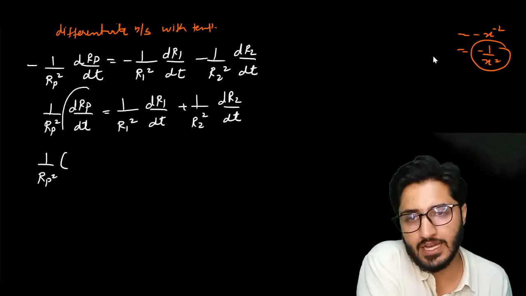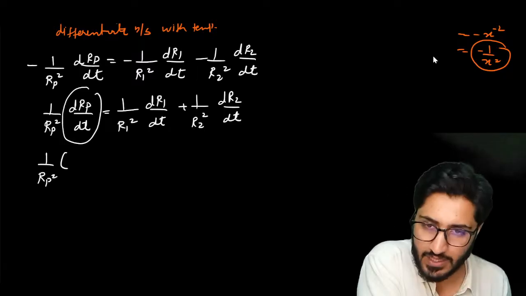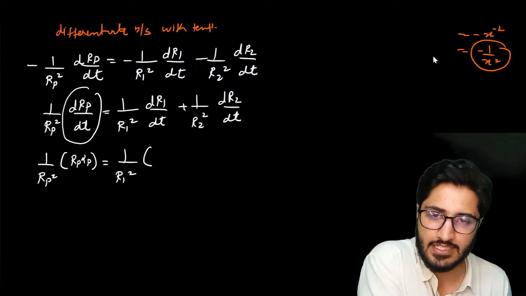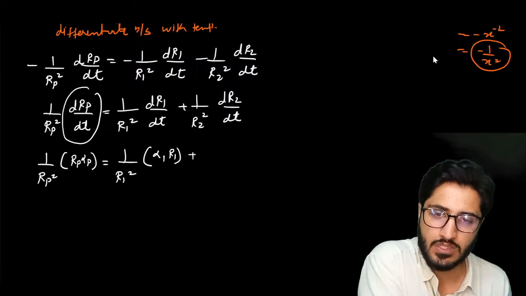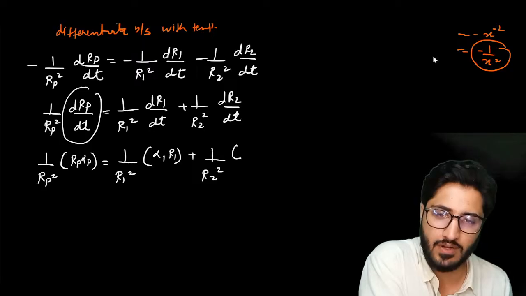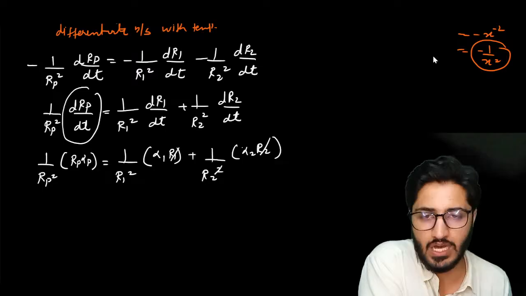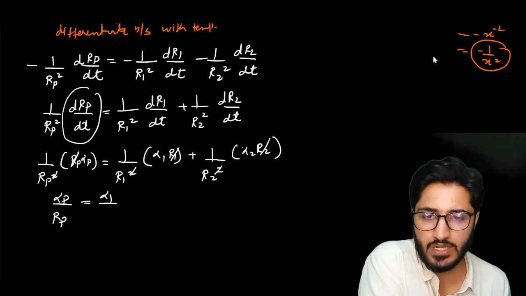In place of dRP divided by dt, I will write RP alpha P, equals 1 divided by R1 square, in this place I will write alpha 1 R1, plus 1 divided by R2 square, I will write alpha 2 R2. R1 cancels out, R2 cancels out, RP cancels out. It is alpha P divided by RP equals alpha 1 divided by R1 plus alpha 2 divided by R2.